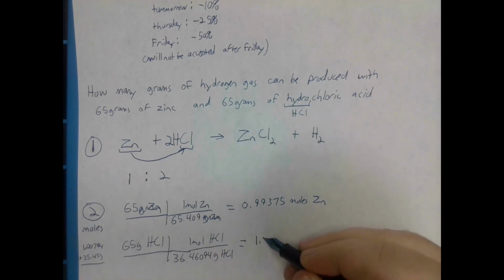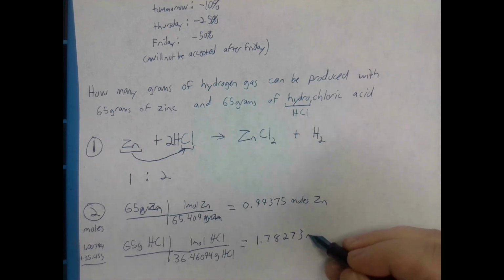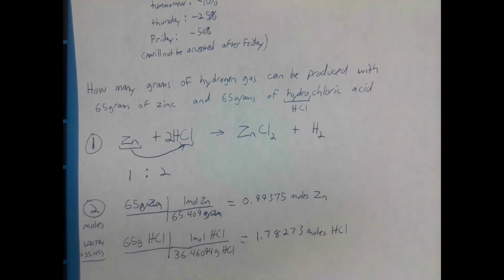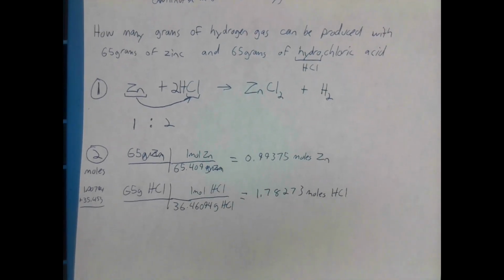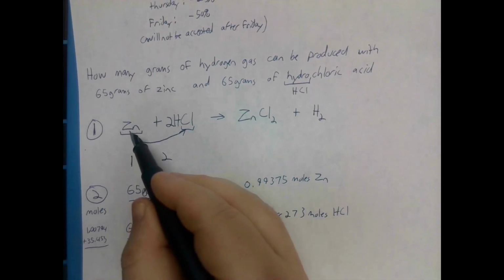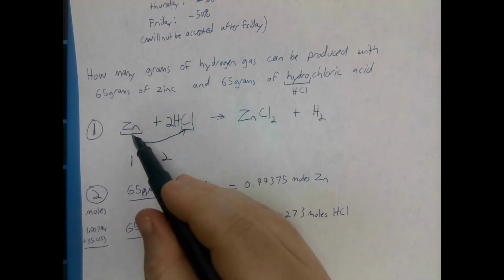And we get 1.78273 moles of HCl. So which is in excess? So remember that zinc can react with twice as much acid, and acid can react with half as much zinc.